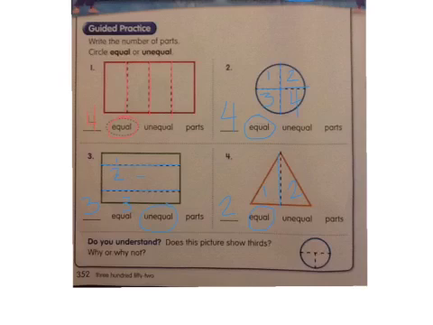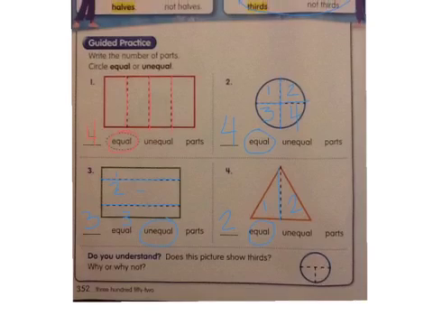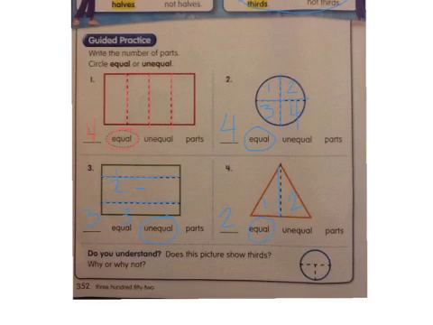So with that information, I am going to look at the do you understand question and think, does this picture show thirds? Why or why not? Okay? Think really hard on if that picture would show thirds. Well, there are 3 parts. 1, 2, 3.